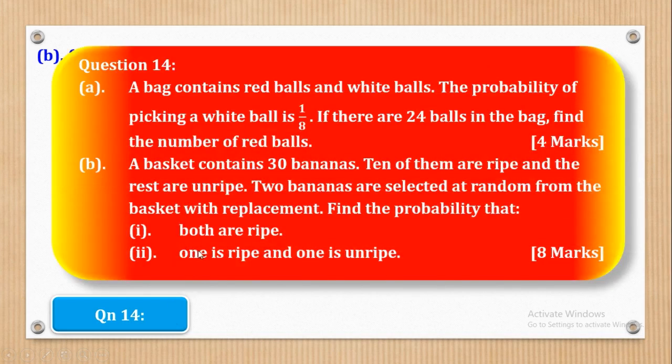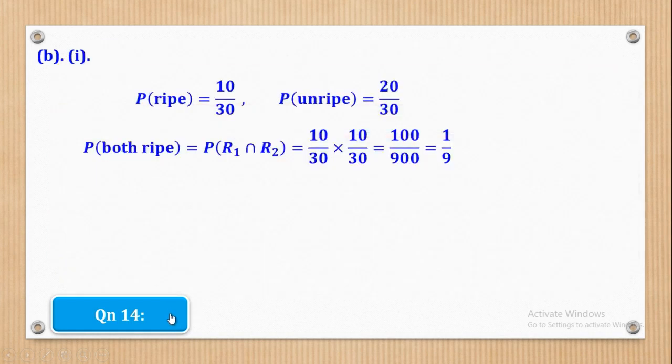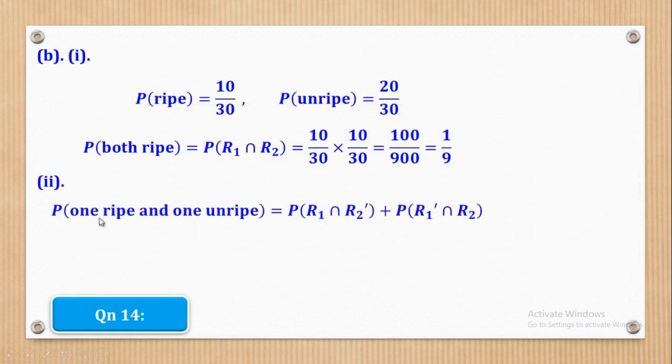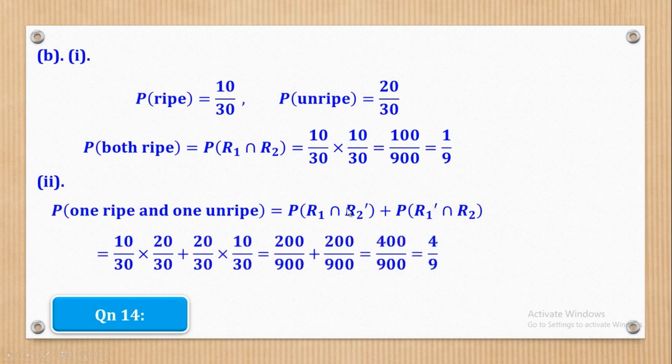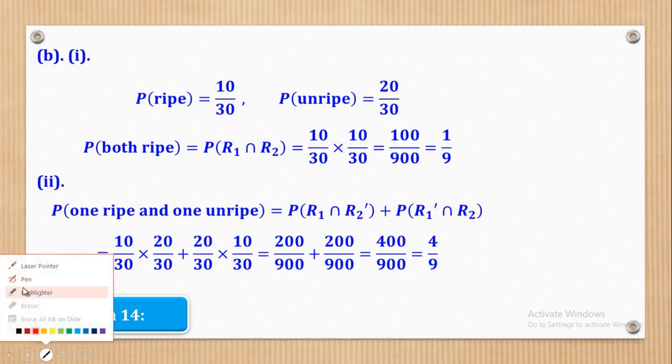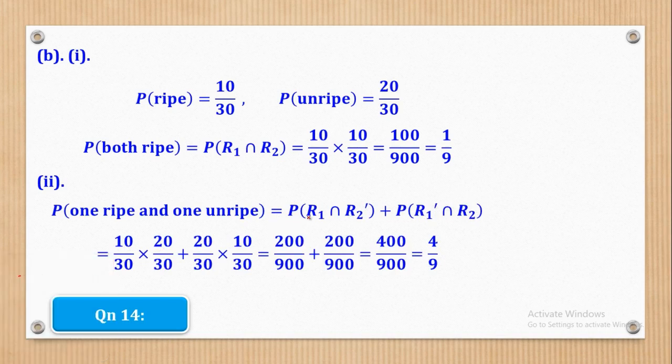Now, Roman 2, they wanted the probability that 1 is ripe and 1 is unripe. What does that mean? It means that you may first pick one which is ripe followed by one which is unripe, or you first pick one which is unripe followed by the one which is ripe. Therefore, you substitute: for ripe, it is 10 over 30, for unripe, it is 20 over 30.